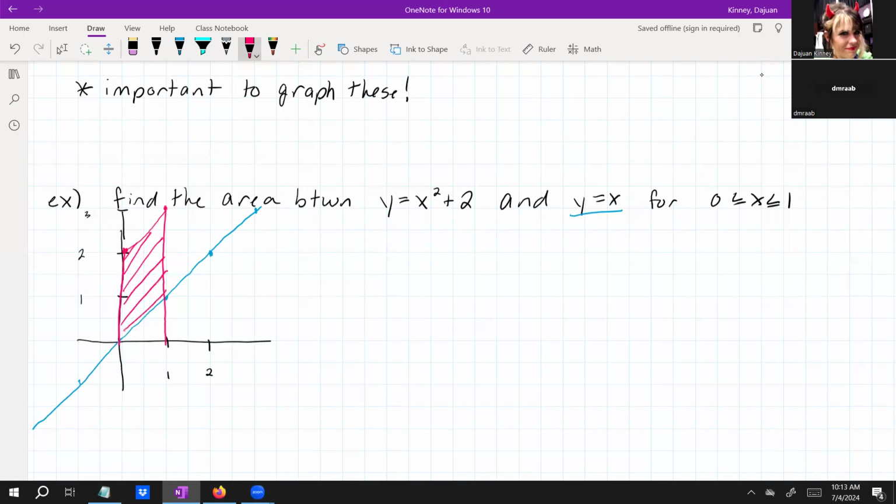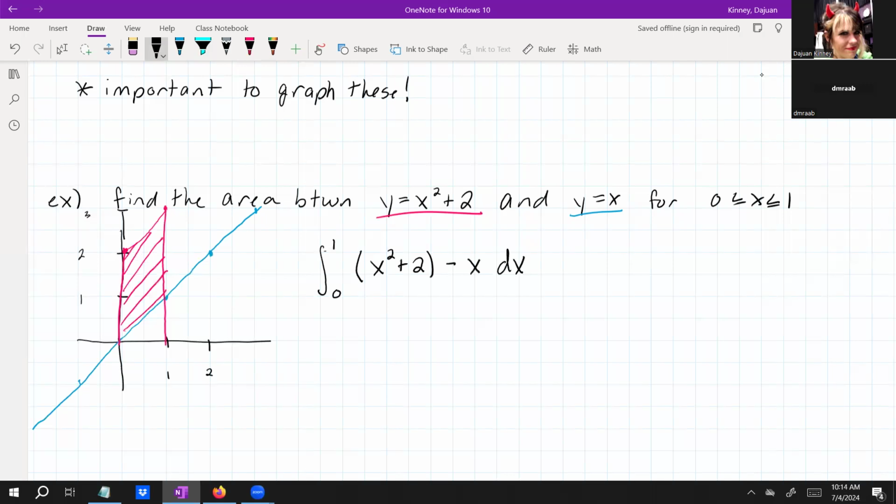Okay, so the pink graph is on top. Black, I suppose. So we go from 0 to 1. This one is always on top, so x squared plus 2 minus y equals x, dx.